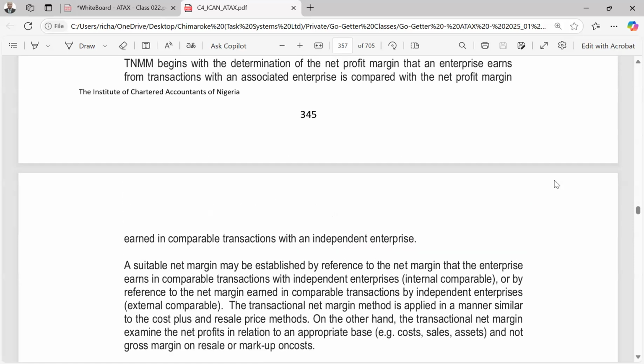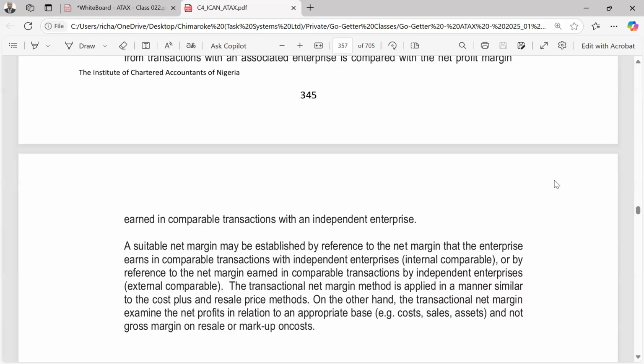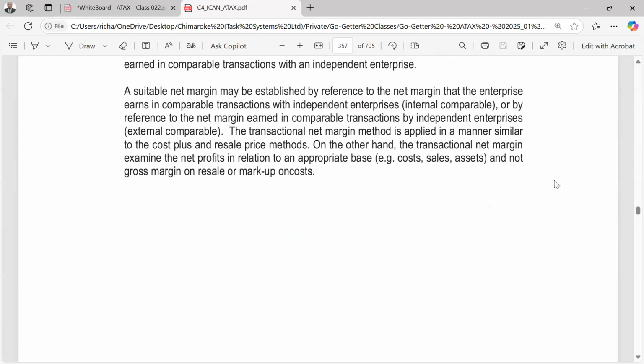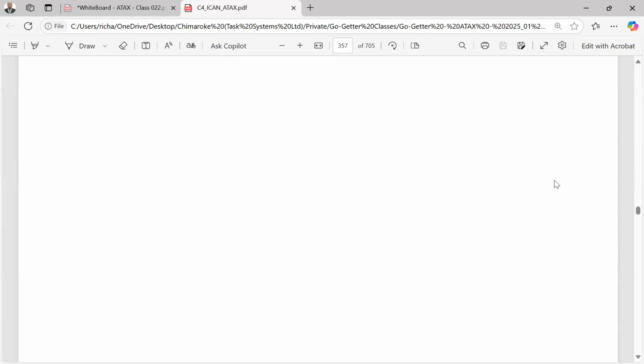This transactional net margin method will look at what you contributed, what risk you took, and what contribution you made apart from monetary contribution.